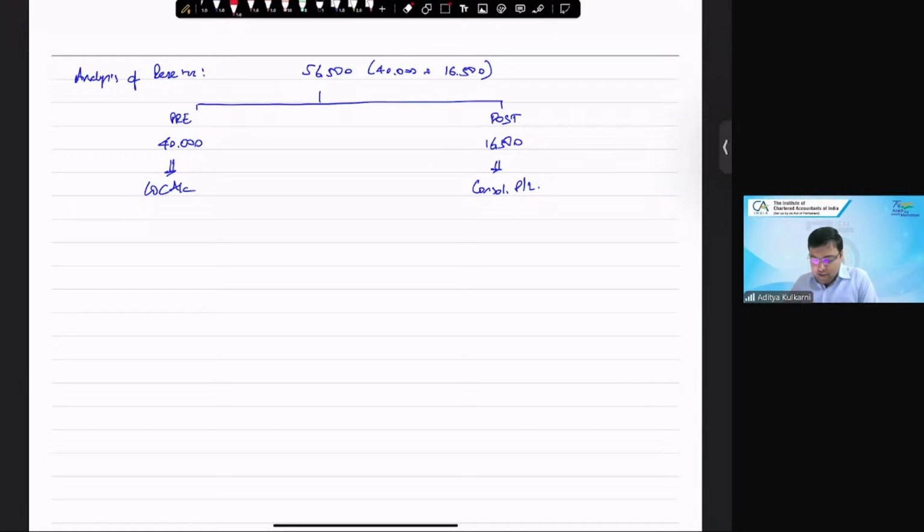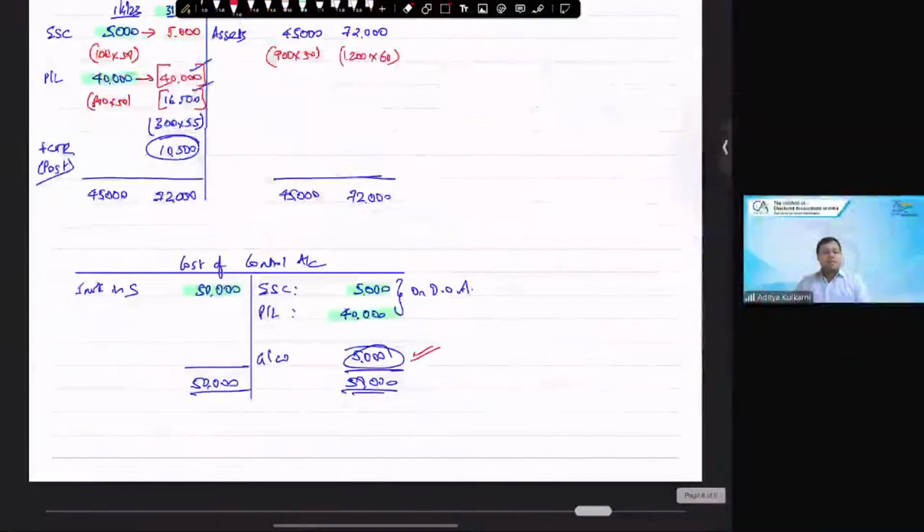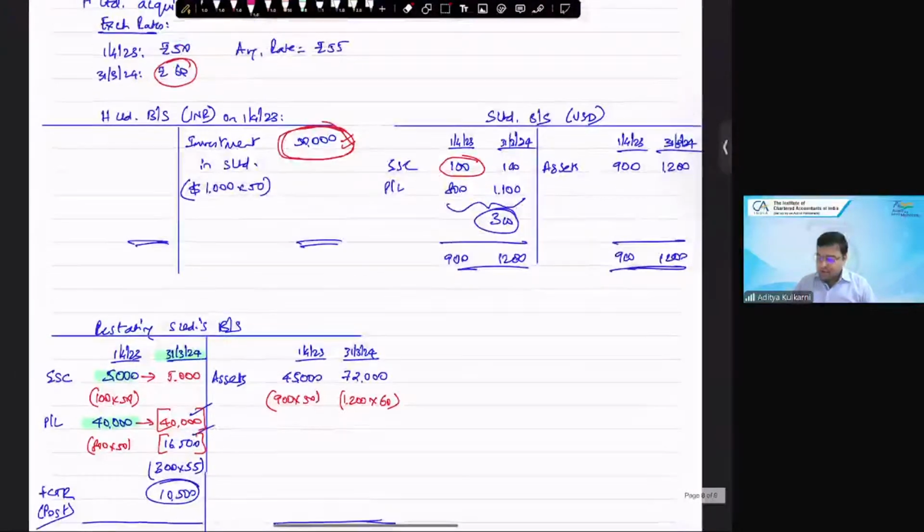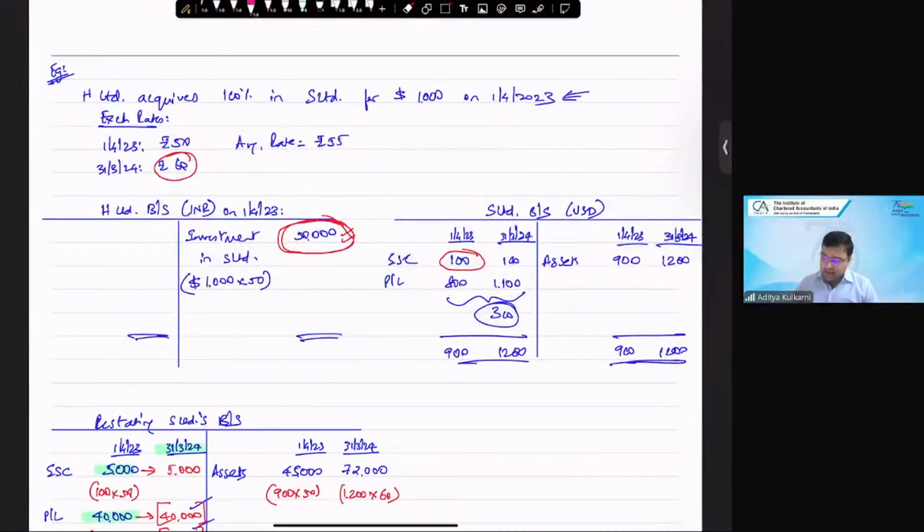Now, all this is fine. Everybody is convinced about this. But Ind AS is not convinced about this. Ind AS 21 has a problem with this goodwill. See, what did I do? I purchased the shares for $1,000.